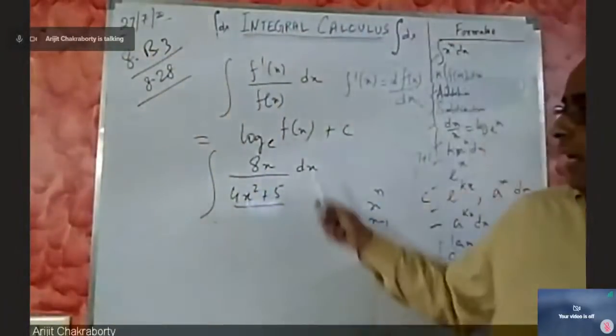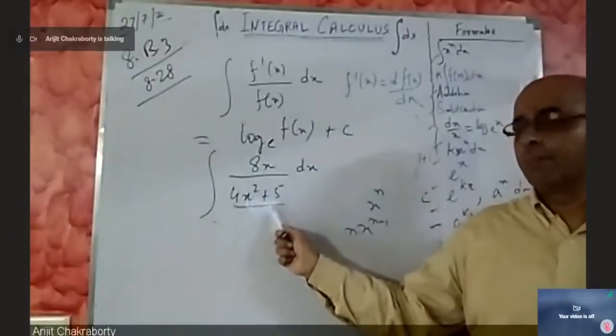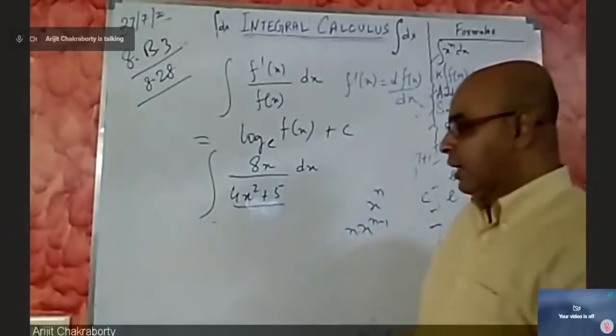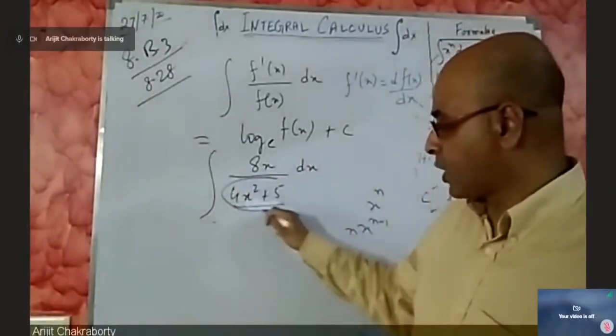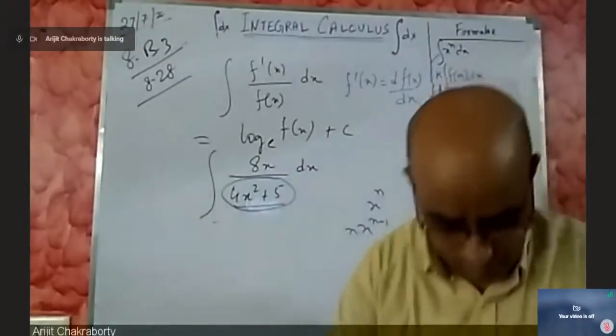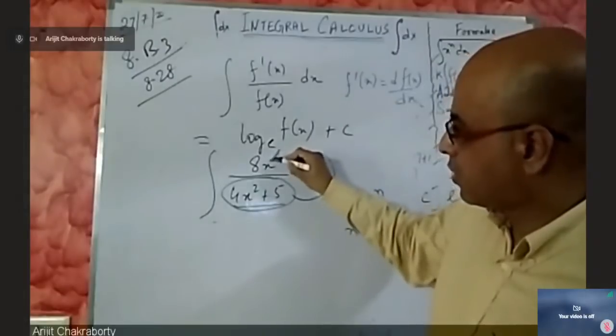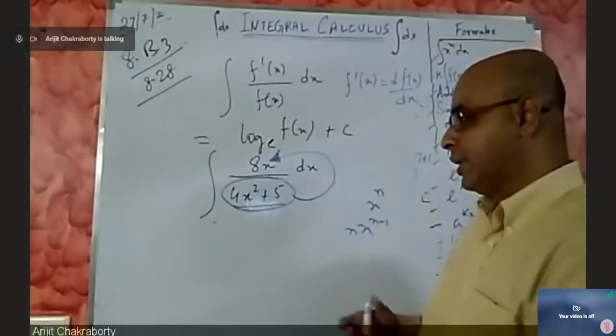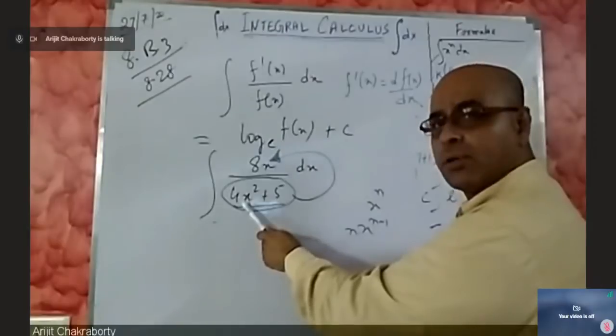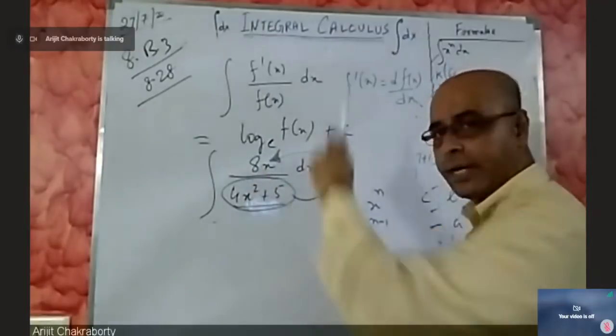Please see the expression, 8x by 4x square plus 5 dx. If you carry out the differential coefficient of 4x square plus 5, you will get 8x.